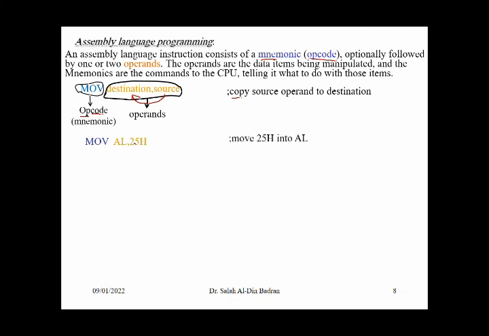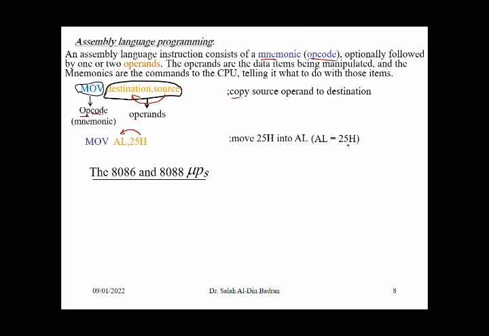So what this instruction does is move, or actually copy, this number into AL, this register. After completing this instruction, AL will have this number, 25.